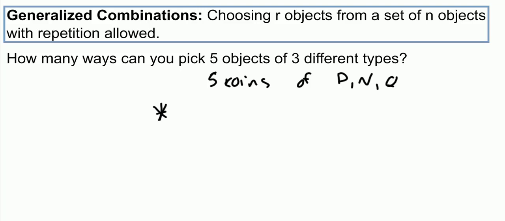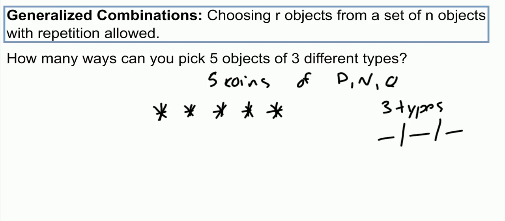We're going to think about the 5 coins as sort of these 5 stars. Right? And when we separate into 3 different types, we could separate them using 2 of these bars. Okay? If you were to put 2 partitions in between the objects, you would have 3 different types.